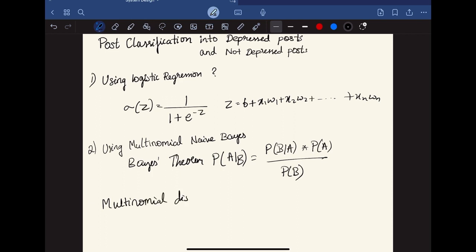So here it is a text classification, and in text classification the features are often word frequencies or term counts, and the multinomial distribution is used to model the likelihood of observing a particular set of word frequencies given the class, and it can be determined as P of features given class equals product over i of P of word i given class, raised to the count of word i.